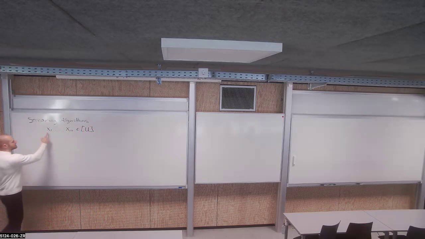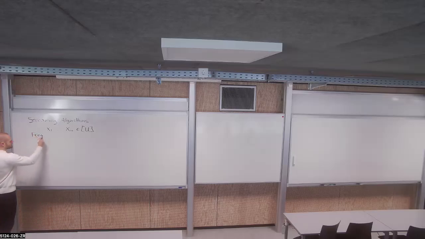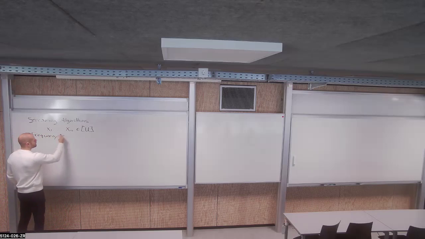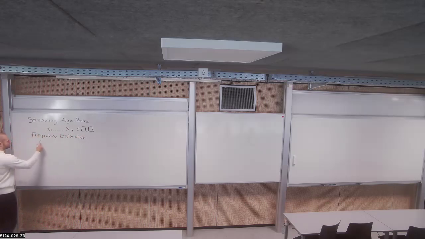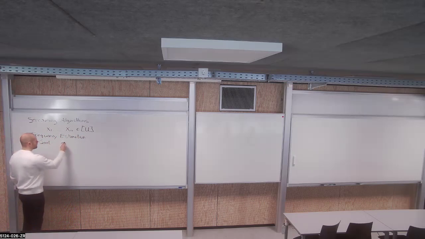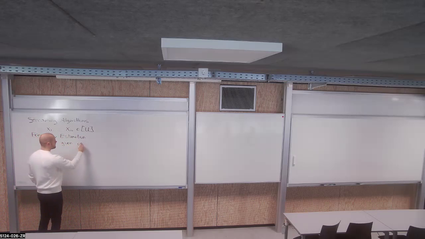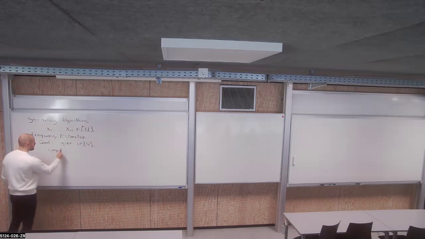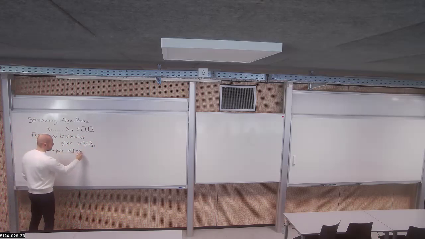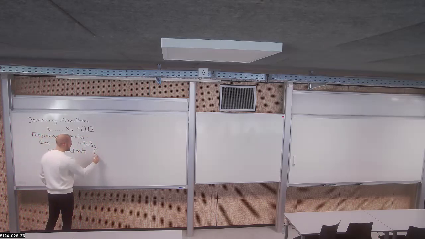So here the idea is that we see the items one by one, and then we want to compute some kind of statistics on this data that we've seen. For instance, a very natural problem is frequency estimation that we will solve today. In frequency estimation, the goal is to answer queries of the form: given an index i in this universe, compute an estimate, let's write it as f hat of i.